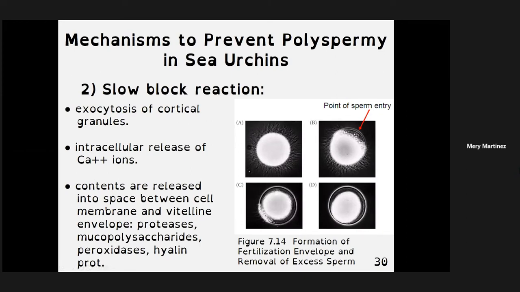So the cell becomes like swollen. And as the envelope becomes swollen, it takes the name of fertilization envelope. So the vitelline envelope is no longer called vitelline envelope. It will be called fertilization envelope because it is only seen when the egg has been fertilized. Okay.